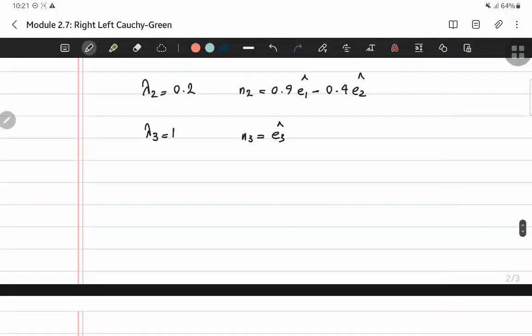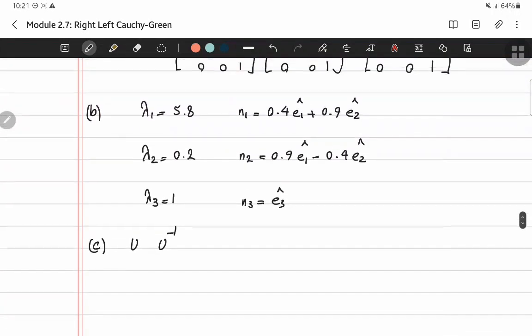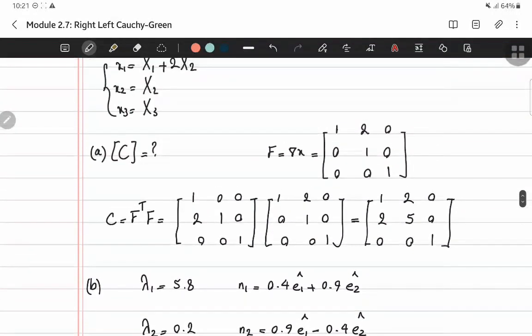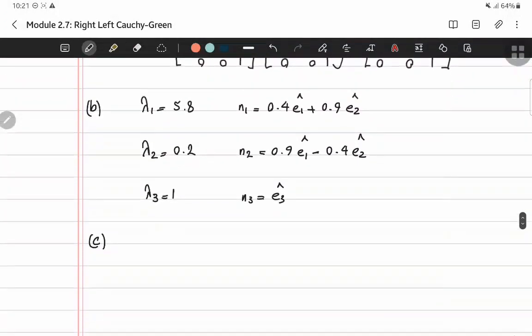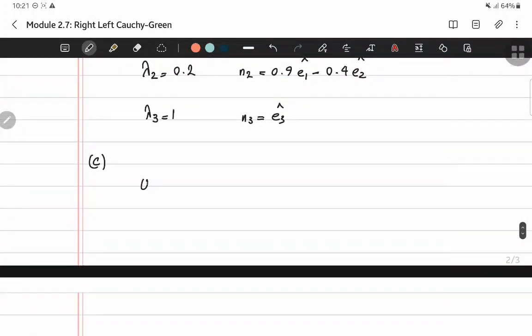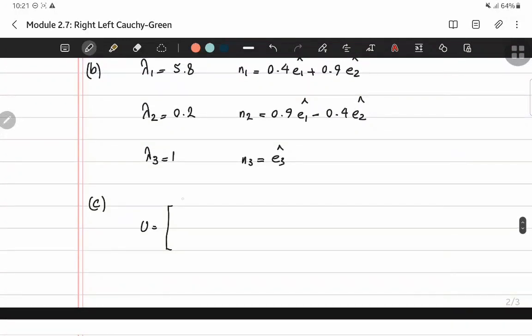The third part wants you to obtain U and U inverse with respect to the principal directions. Remember that these principal directions are in the deformed configuration. If you write U here, this is the first principal value or eigenvalue, this is the second, 0.2, and this is 1.